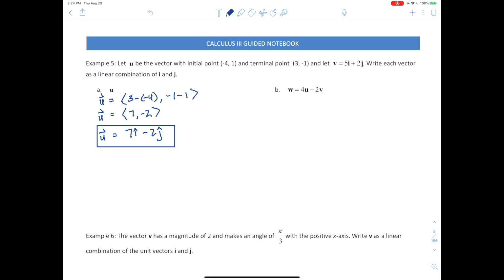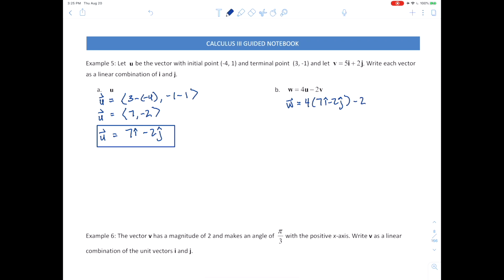Okay, so let's look at B. W, the vector w, is equal to 4 times u minus 2 times v. Well, what did we find that u was equal to? Beautiful, 7i minus 2j.